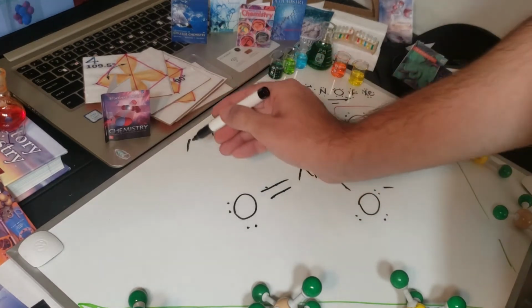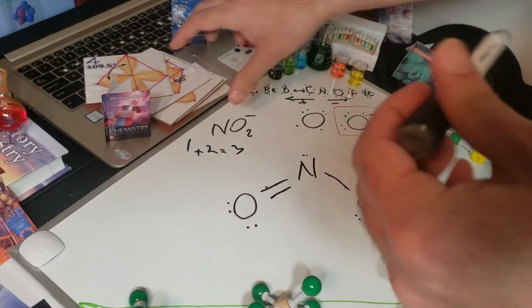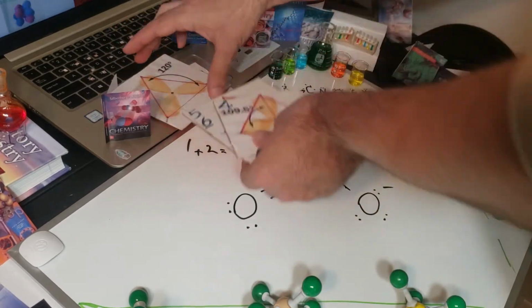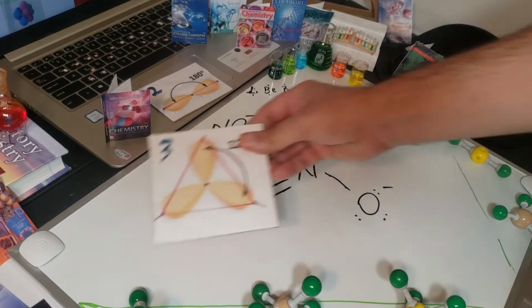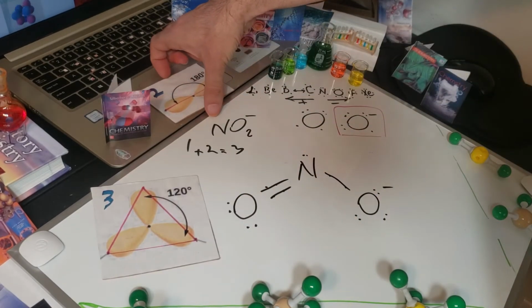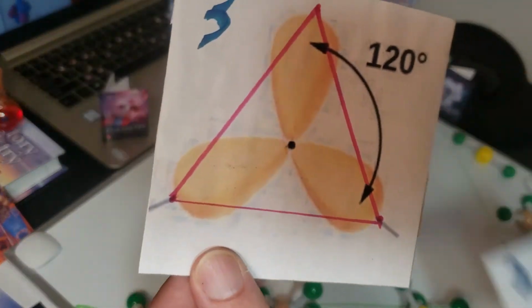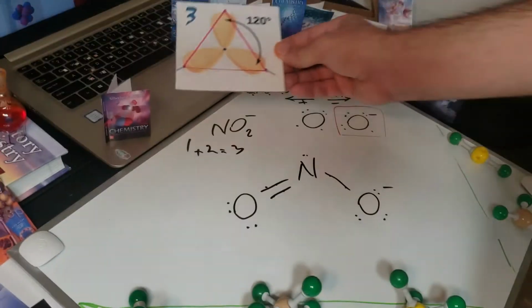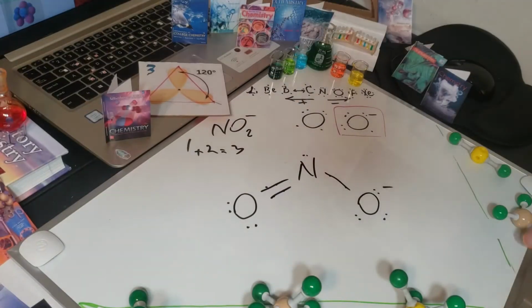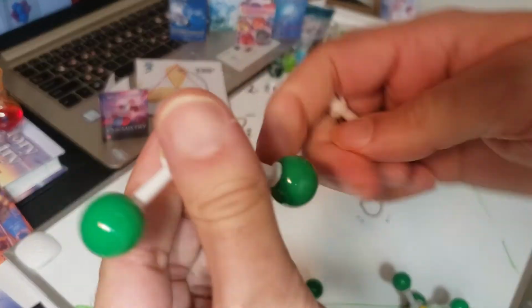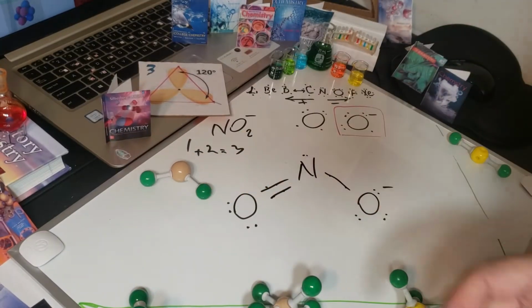One lone pair and two surrounding atoms, 3 in total, gives me the geometry. So trigonal planar is the framework, and trigonal planar with one lone pair gives you a bent structure. That's the structure you get for NO2 minus, a bent structure.